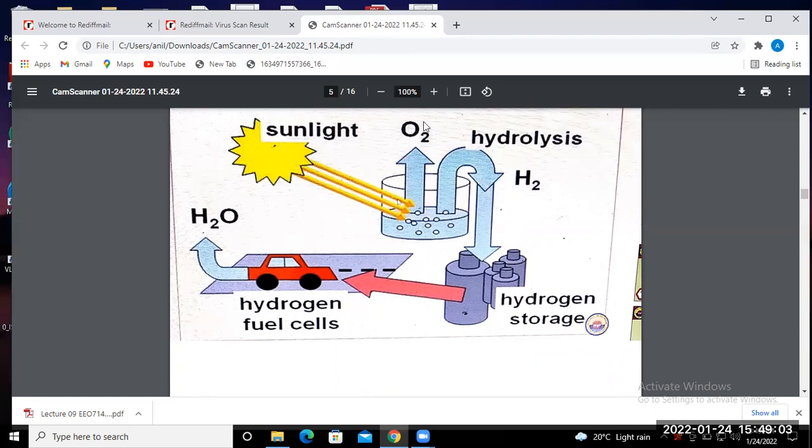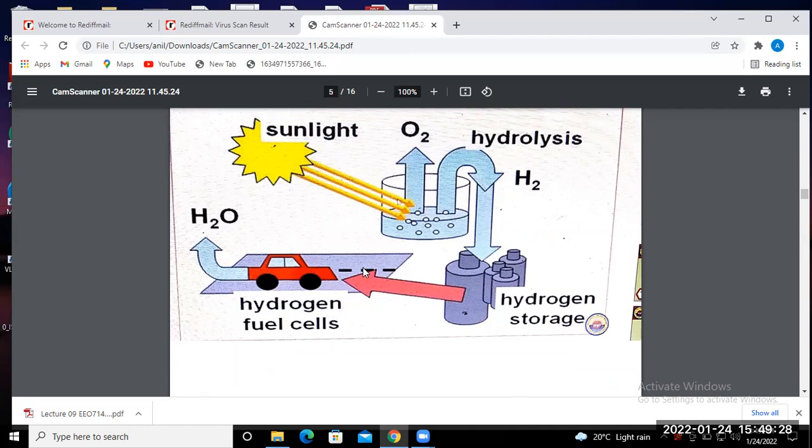This oxygen goes to the environment if the cylindrical system is open. Through one pipe the oxygen gas may be taken out, and through another, the hydrogen gas. That hydrogen we can use as fuel for electric vehicles.